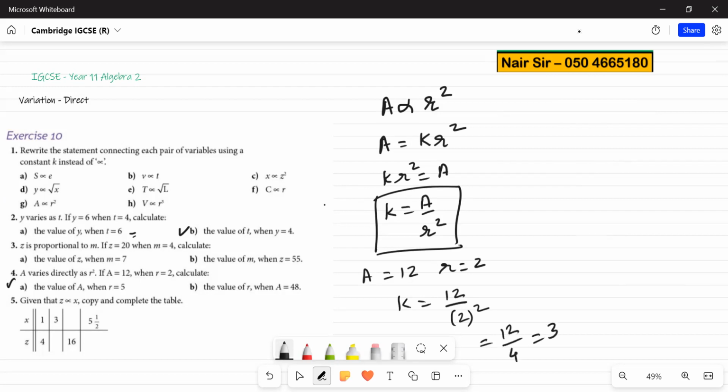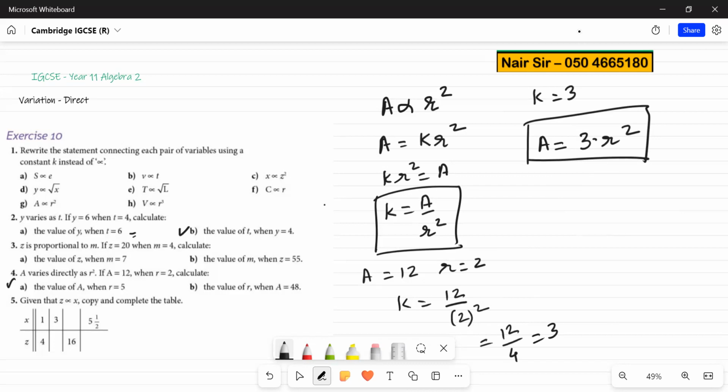And that is, so k is equal to 3. Now, find the value of A when R is 5. I think you can do this. A is equal to 3 into R square is my equation. Now substitute it and get the answers. Okay, I will not be solving this. Same thing is do this.